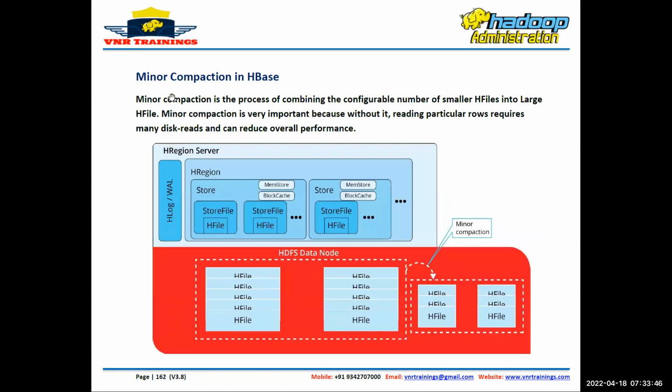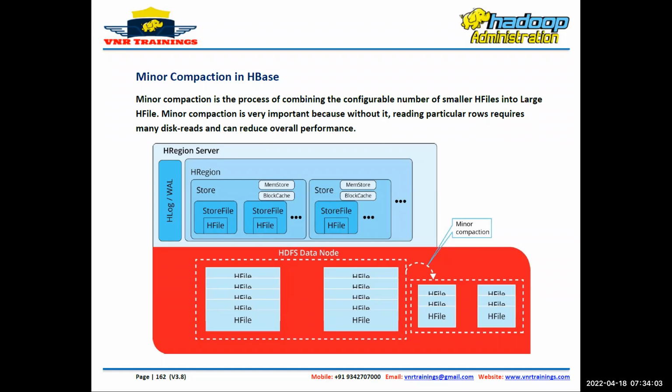So what is minor compaction? Minor compaction is the process of combining a configurable number of small HFiles into a large HFile. So compaction means merging small files into a big file. That is mandatory.